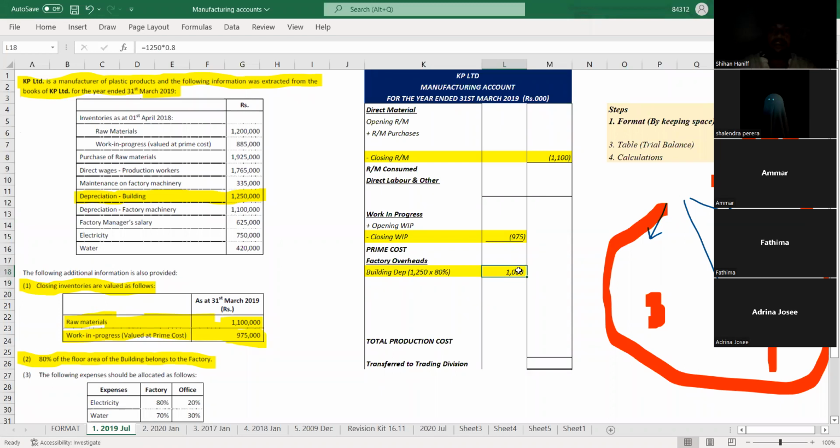So only 1,000 will be taken to the manufacturing account. Balance 20% goes to administration expenses in the profit and loss statement. That is the expense related to the building.